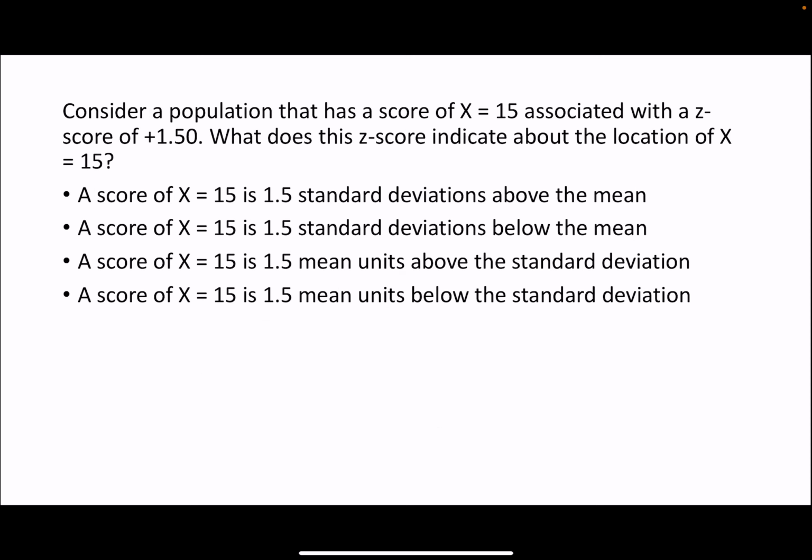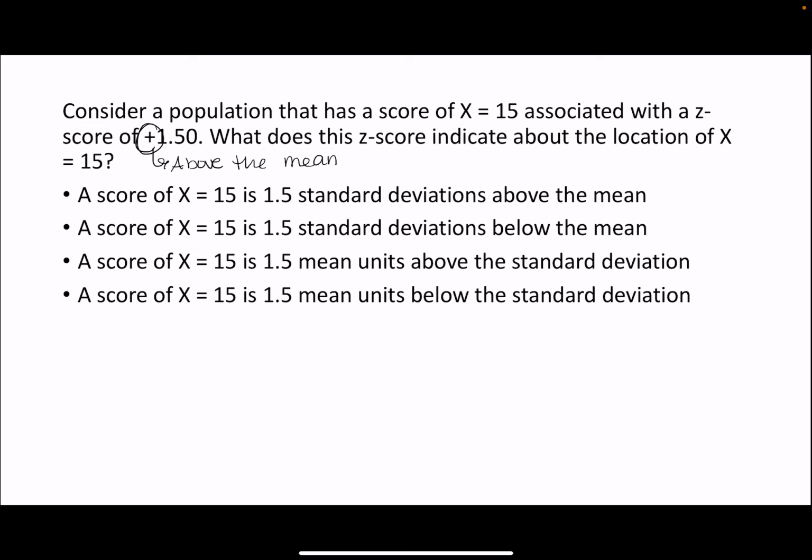Okay. All right, so it says consider the population with a score of x equal to 15 and a z-score of a positive 1.5. What does this score indicate about the location of 15? So first off, it is a positive score, which means that it is above the mean. Negatives mean they are below the mean.